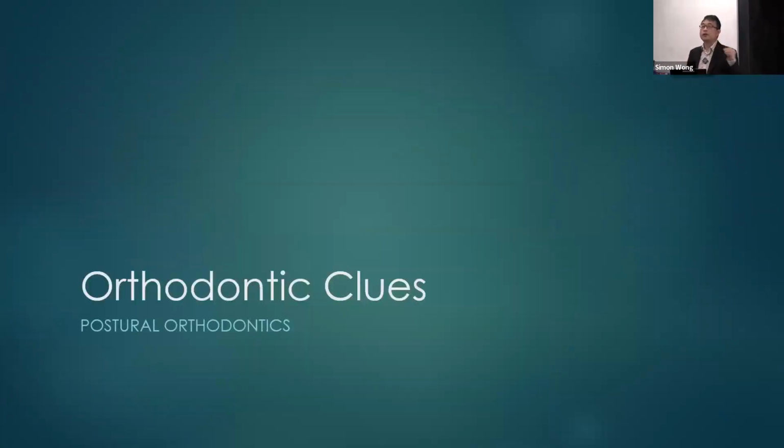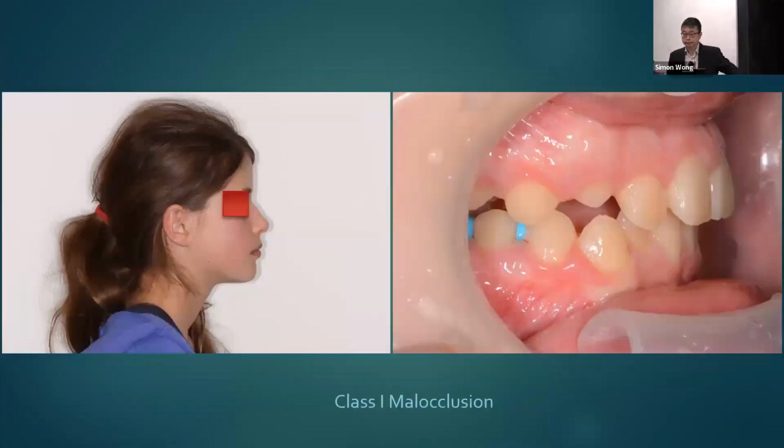So what are the orthodontic clues? The profile tells you everything. We know there's less issues when it's class 1.